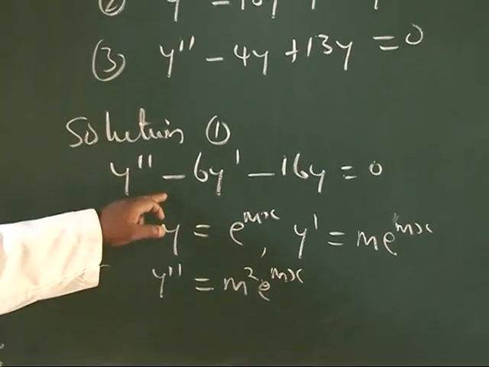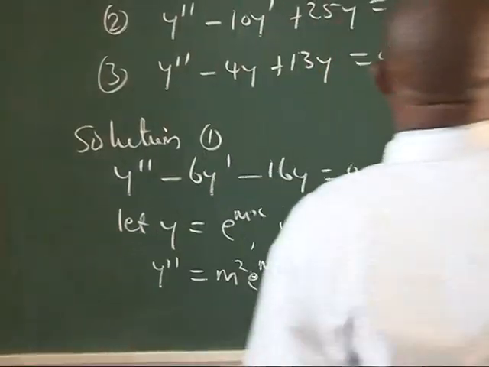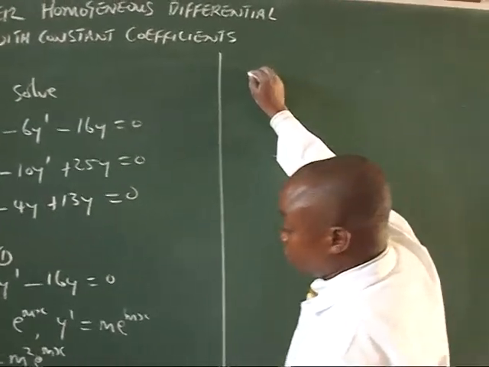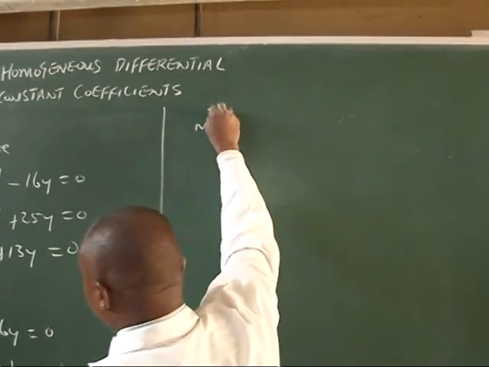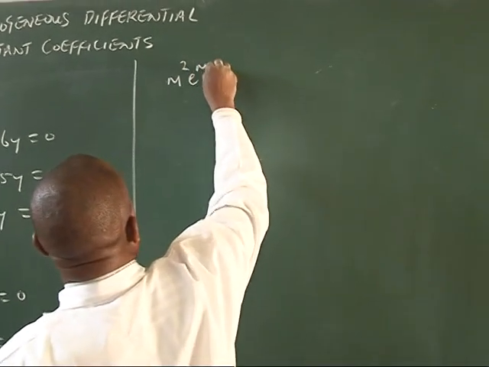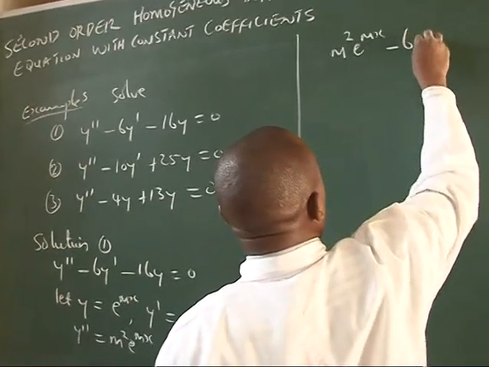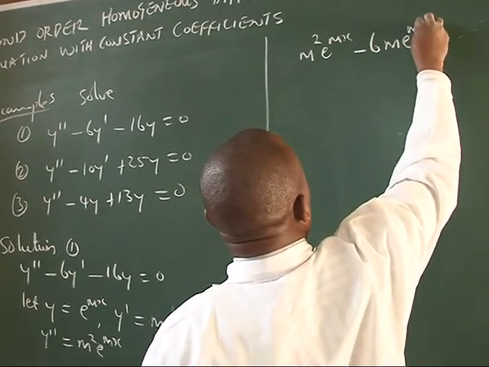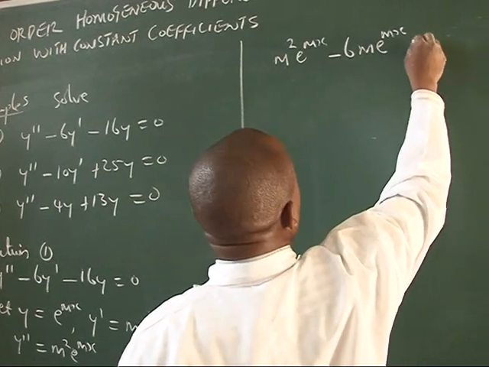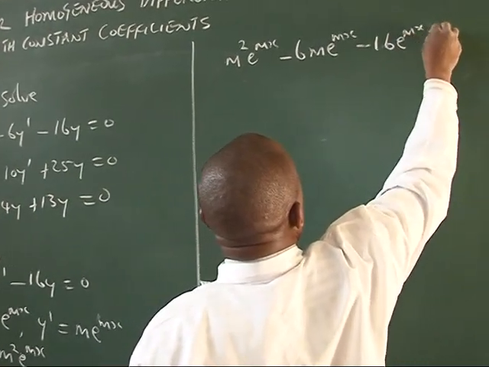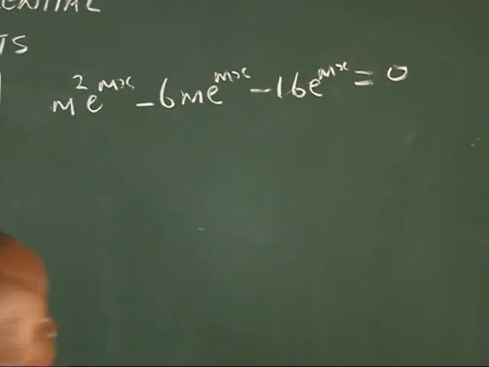Putting this in the equation, we have m squared exponential mx minus 6m exponential mx minus 16 exponential mx is equal to 0.